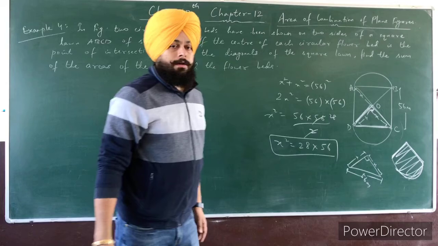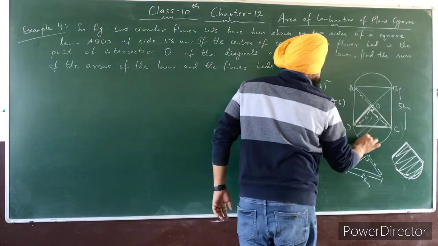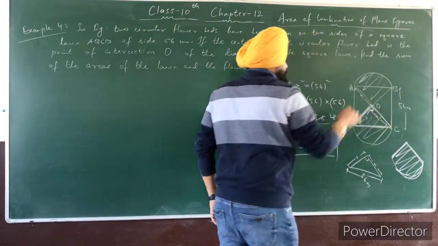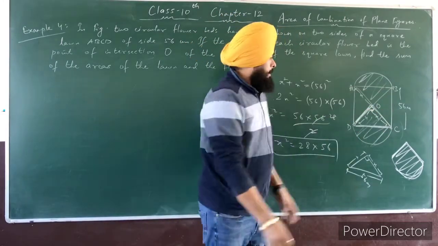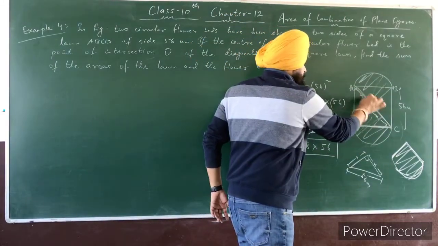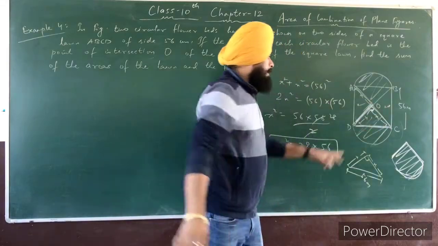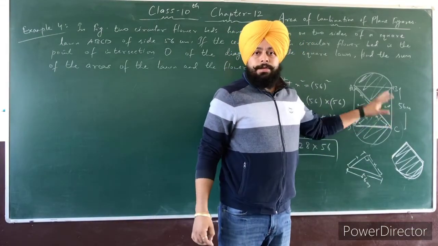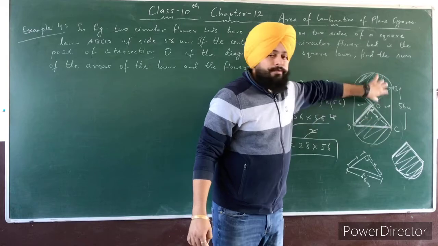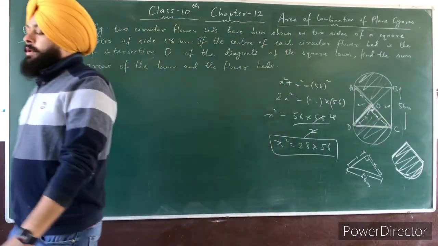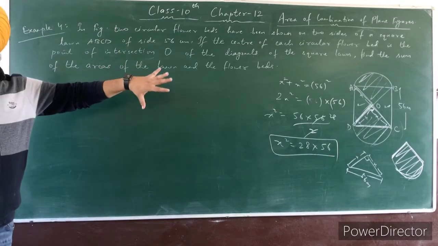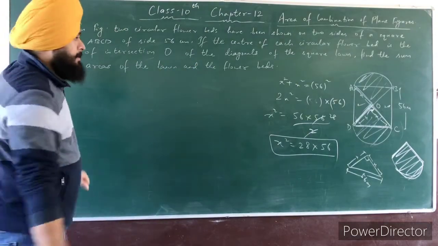This is a sector, and it is also a sector, and the area of both sectors is equal. Now what is left here? It is a triangle. How many triangles? Two triangles. So you can add the area of two sectors plus the area of two triangles. We get the total area of the square lawn and the two circular flower beds.